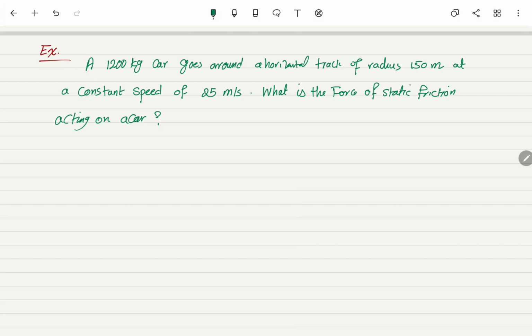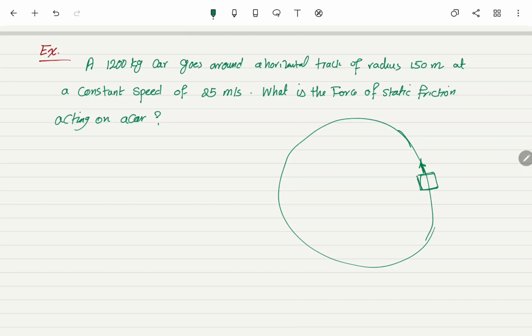Now let's just imagine the situation here. We have a circular path, and this is the car. For a car moving in a circular path, actually two types of frictional forces apply here. The first one is the kinetic friction, which is the friction between the tires and the road that makes the car move forward.